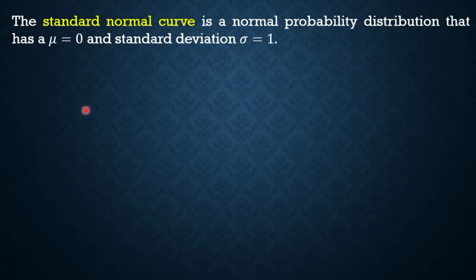Okay? So, ano yung equation ng standard normal curve natin? That is y is equal to e raised to negative 1/2 times the quantity of x minus the population mean divided by the standard deviation squared, all over the standard deviation times the square root of 2 pi.